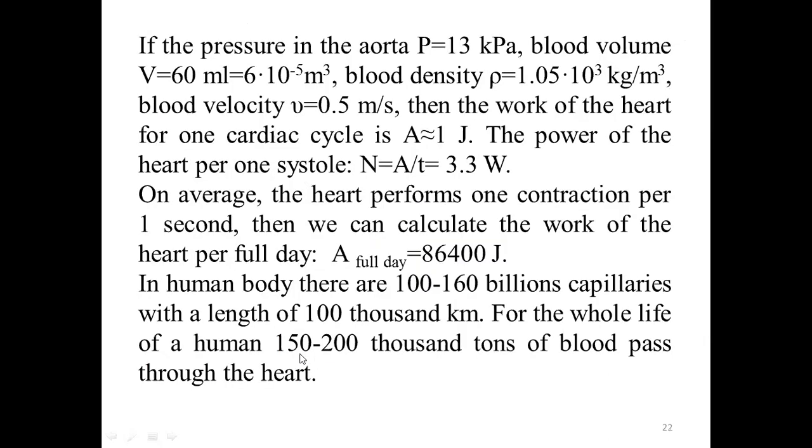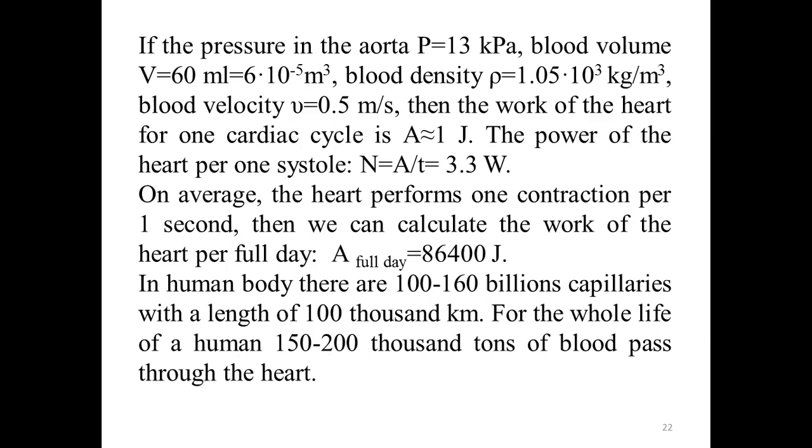Then, if we take the pressure in the aorta as 13 kilopascal, blood volume 60 milliliters, blood density 1050 kilograms per cubic meter, and blood velocity 0.5 meter per second, then the estimated work of the heart for one cardiac cycle is about 1 joule.